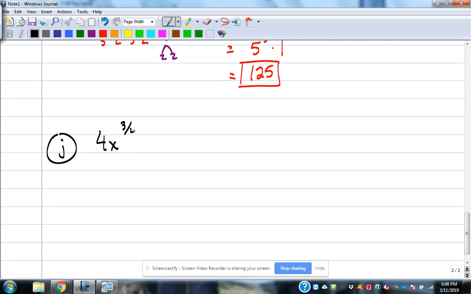4x to the 3/4 times 5x to the 2/5. Well, what pieces have exponents on these? The x's. This x has an exponent. That x has an exponent. What about that 4 and the 5 that's in the front?